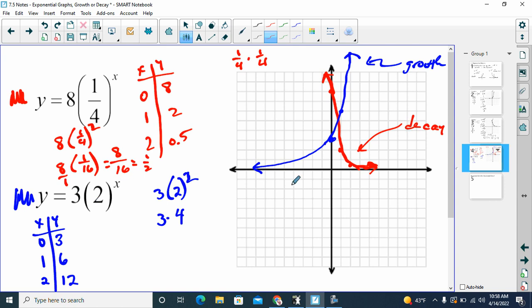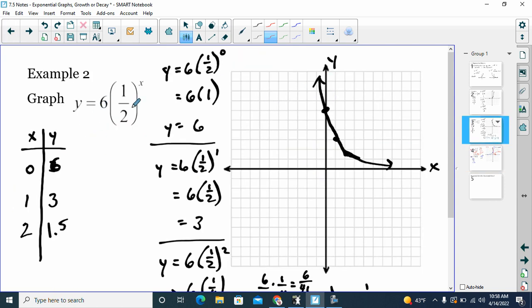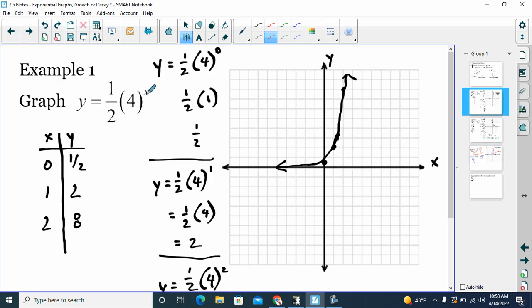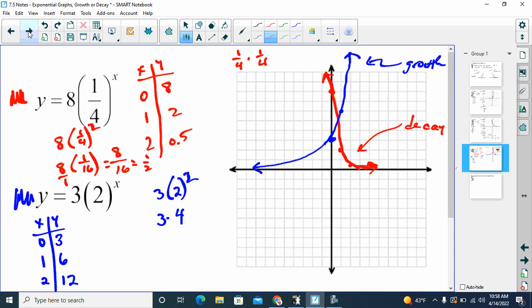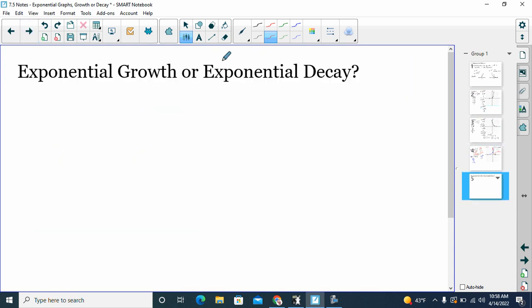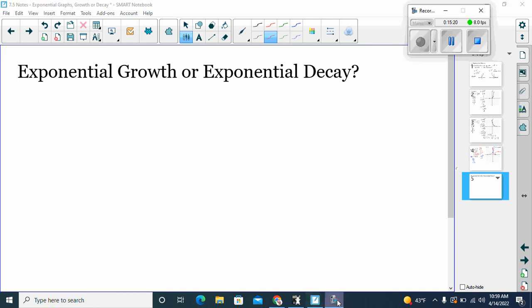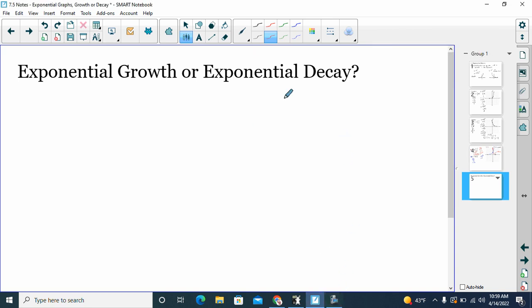3 times 2 to the x gave me growth. 6 times 1/2 to the x, that looks like decay. 1/2 times 4 to the x is growth. So here we're talking just a minute about how we can tell the difference between exponential growth and exponential decay.